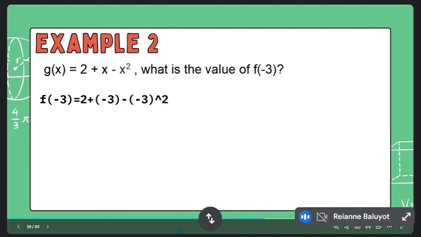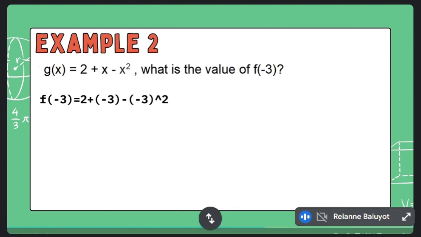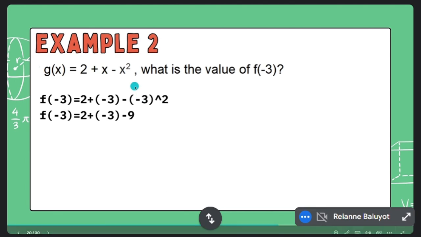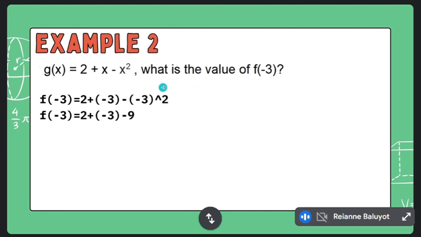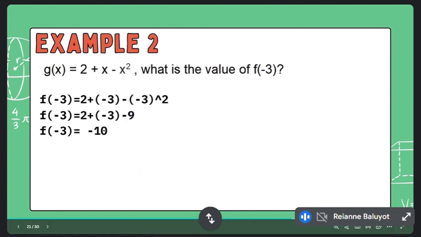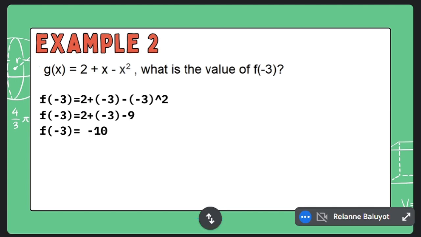Now, let's perform the different operations. We perform first this: we have to square this first, which is 9, and with the minus sign it is negative 9. And then we simplify the values, which is 2 plus negative 3 minus 9.